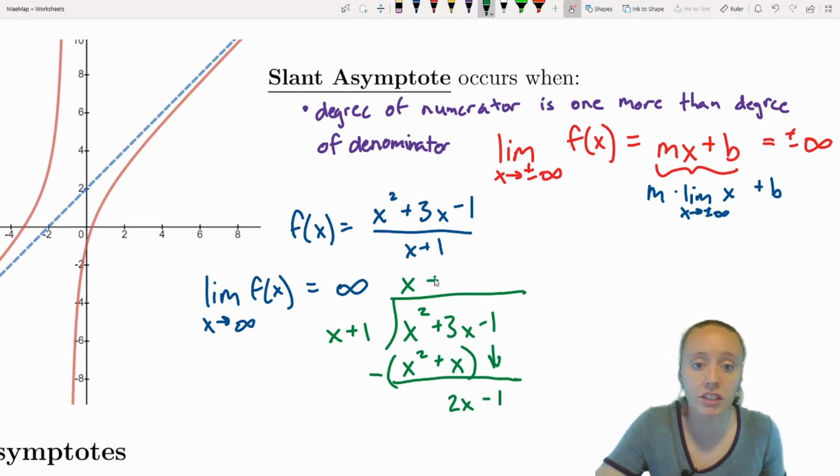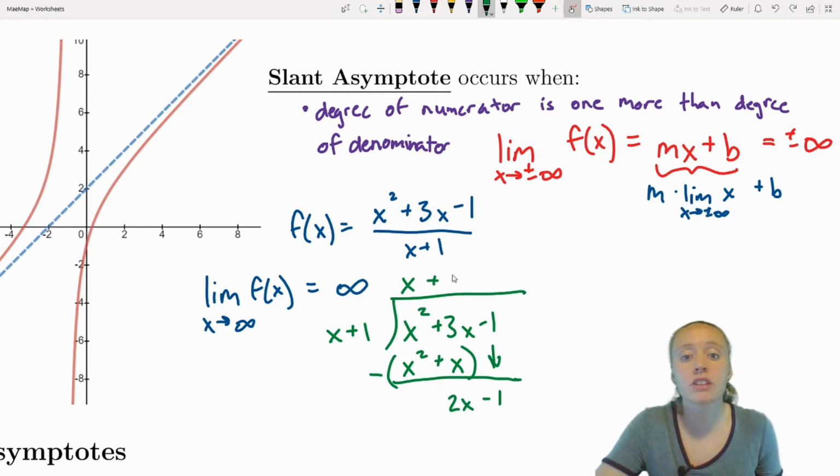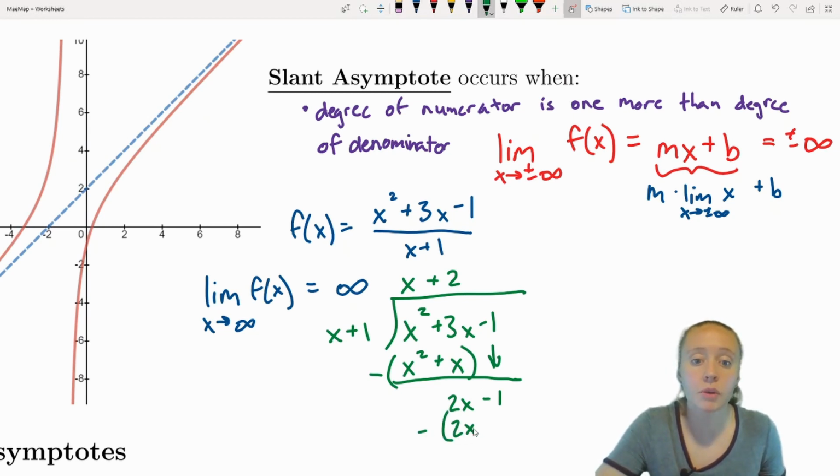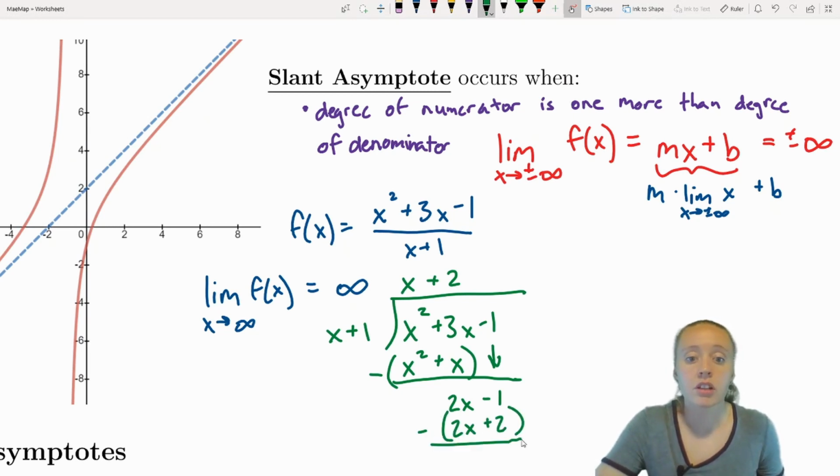So I'm going to add 2 to this and then distribute that 2 through to x plus 1. So I'm going to be subtracting 2x plus 2. So now you'll be able to see that my remainder, when I take that negative 1 and subtract 2, I get a negative 3. x does not go into negative 3, so negative 3 is my remainder.